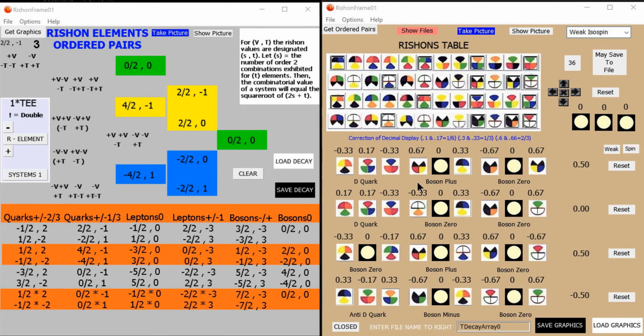+1/2. But if we look at the boson plus, we can see that it has a 2/3 and a 1/3, which is weak isospin of 1, and so summed with the generic D, that'll give us the 1/2 that is required by the standard model.